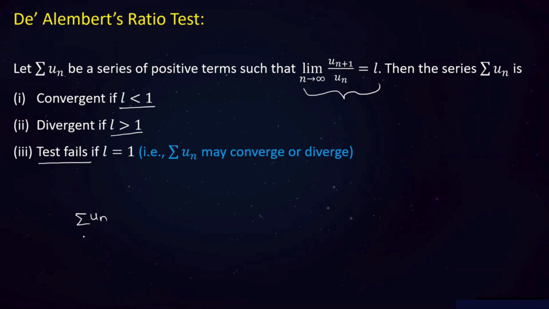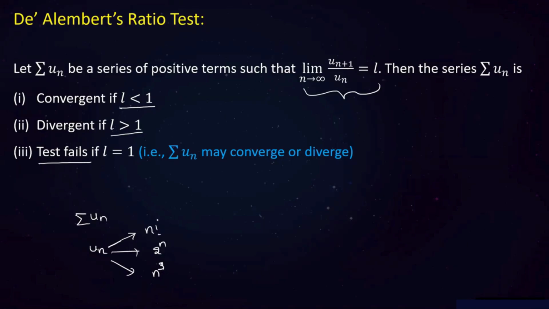In such a case, when you are given a series of positive terms like summation un, look at the nth term. If you have functions of this kind, like factorial of something, or something to the power of n, or if not that, n to the power of something, then for such series the ratio test is suitable.